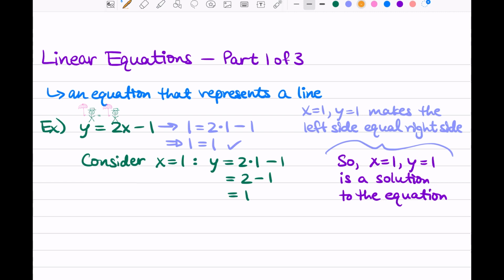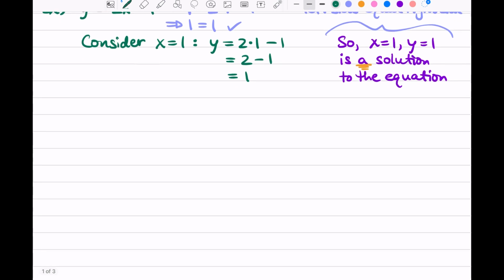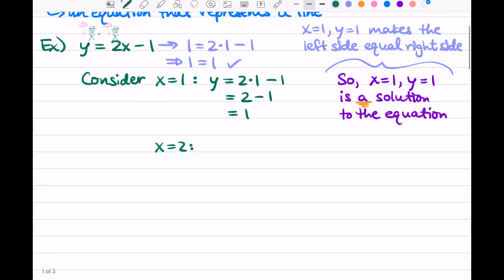And as I mentioned, it's important to emphasize that it is a solution because we just picked this x equals 1. We could have picked a different number. And let's try that. What if we said x equals 2? Let's say we took off the mask and x equaled 2, for example. What would y equal? Well, y would equal, using our equation, 2 times x, which is 2, minus 1.